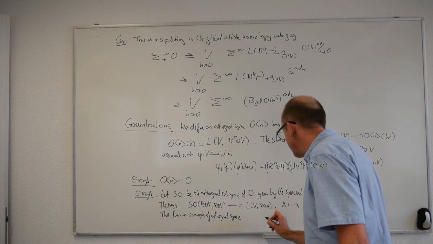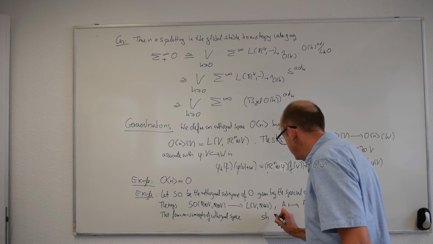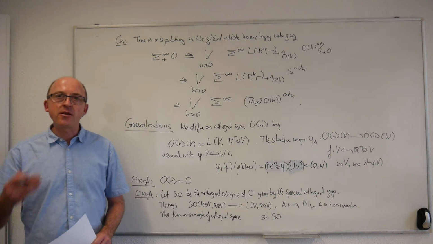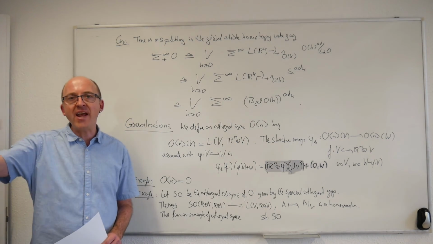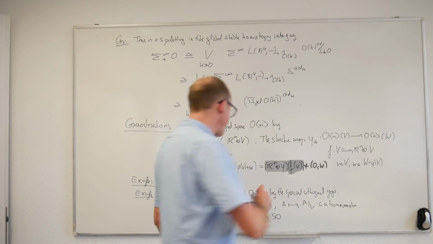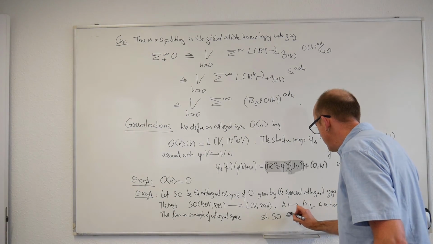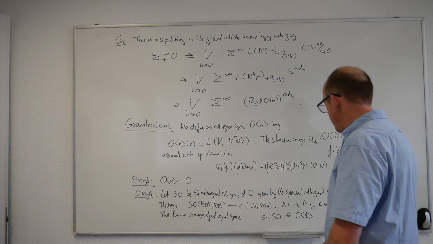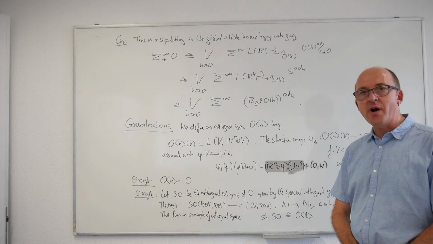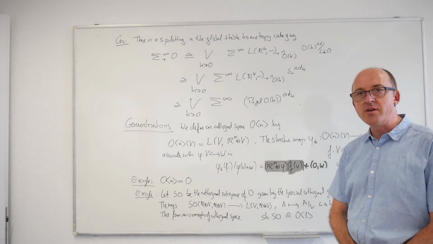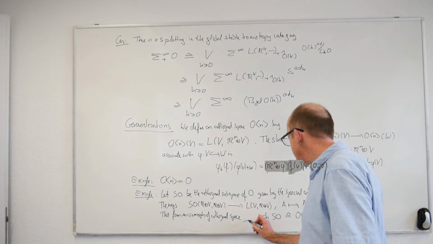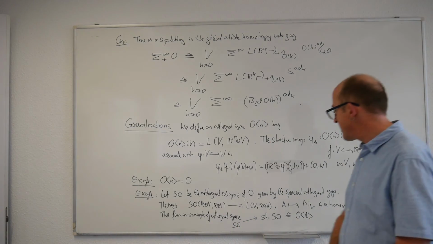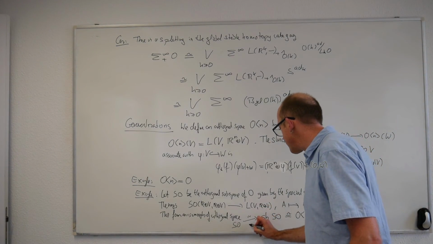Well, not quite from SO, but from what I call the shift of SO. The shift of an orthogonal space is the orthogonal space precomposed with adding a single copy of R. And this is isomorphic as an orthogonal space to O pointy brackets 1. Something that I mentioned in a lecture a while ago when I first talked about unstable global homotopy theory is that the shift always receives a natural map from the orthogonal space, in this situation SO, that is a global equivalence.